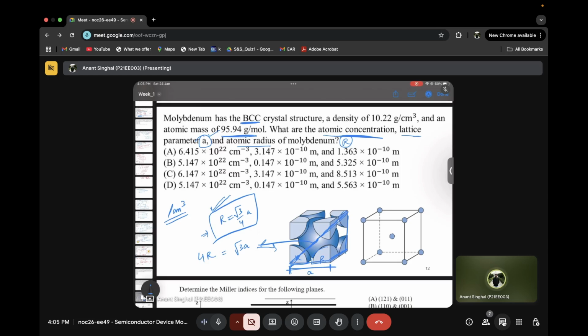So if it is clear, try to find out the atomic concentration, the lattice parameter, and the radius. This is again very straightforward.